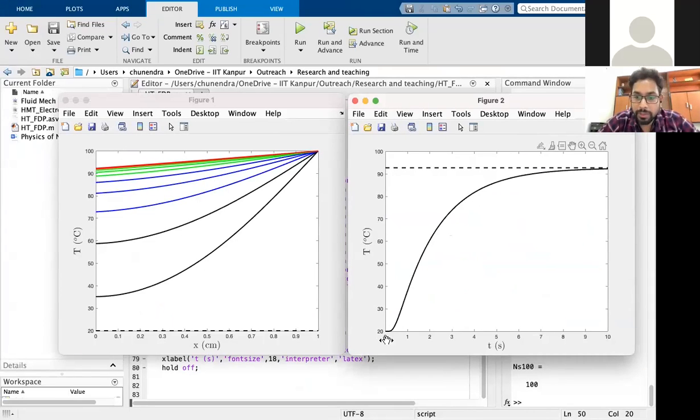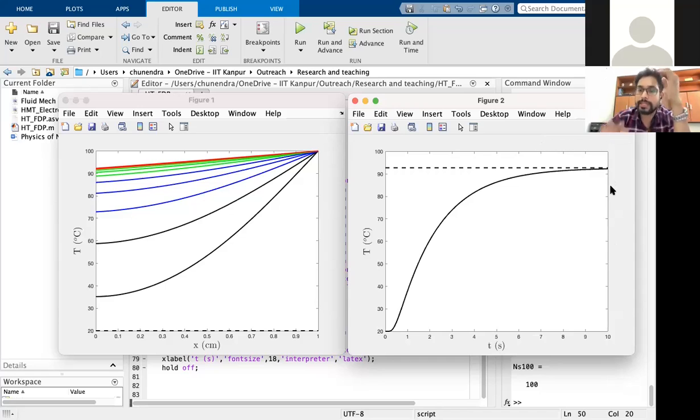At time t equal to 0, obviously everything is at 20 degrees, so the temperature sensor tells you 20 degrees, but as time progresses, the sensor tells you a different temperature. After 1 second it tells you around 30 degrees, after 2 seconds around maybe 45 degrees, after 4 seconds 70 degrees, but only after 7 or 8 seconds, or maybe after 10 seconds, it has almost reached this asymptotic value that we derived, you remember, 92.7 degrees Celsius.